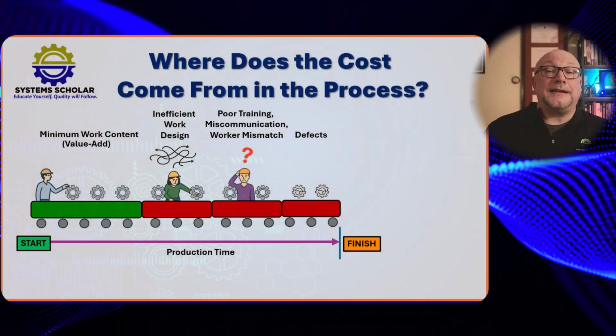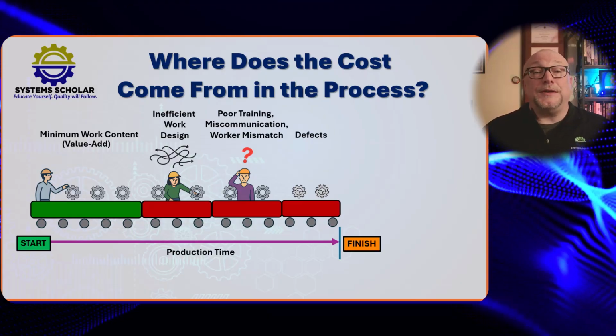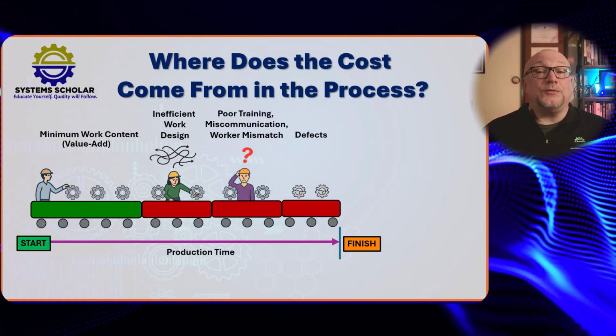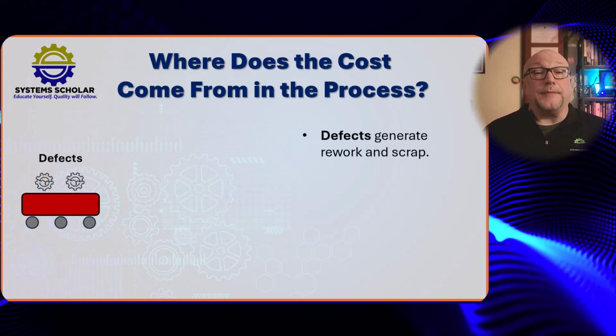Either way, additional labor, additional handling, and often scrap or replacement material are introduced into the process. And that added time and added material cost is waste that could have been avoided if things were done right the first time. Defects generate rework and scrap.